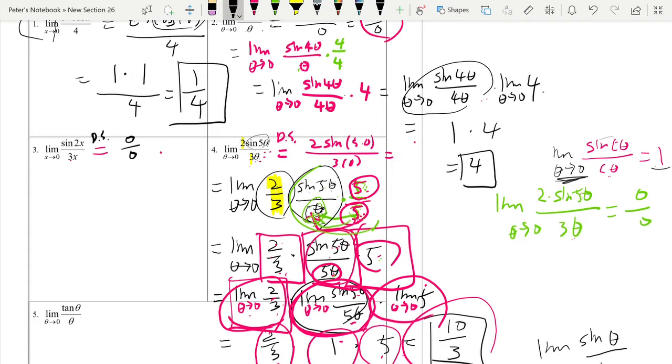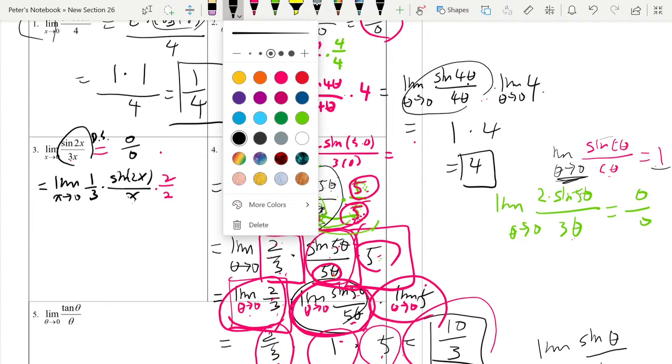So after getting 0 over 0, what you're going to have to do is manipulate it, and this looks awfully familiar, similar to that. So what you're going to do is take out 1/3 as a factor first, and then you get sine of 2x over x. Almost there, but this is not 2x, so what we can do is make that a 2x, but you need to multiply by 2 over 2. So very similar, right?